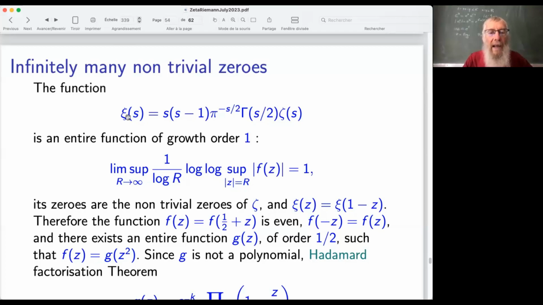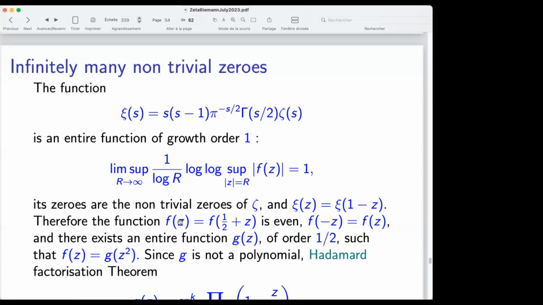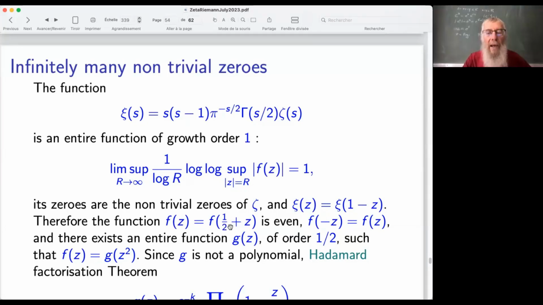The zeros of xi are the non-trivial zeros of zeta, as we have seen looking at this right-hand side. And it satisfies the functional equation xi of s equals xi of 1 minus s. If you consider the function f of z, which is xi of 1/2 plus z, so we just shift by 1/2, this functional equation becomes f of minus z equals f of z, which means that f is an even function.